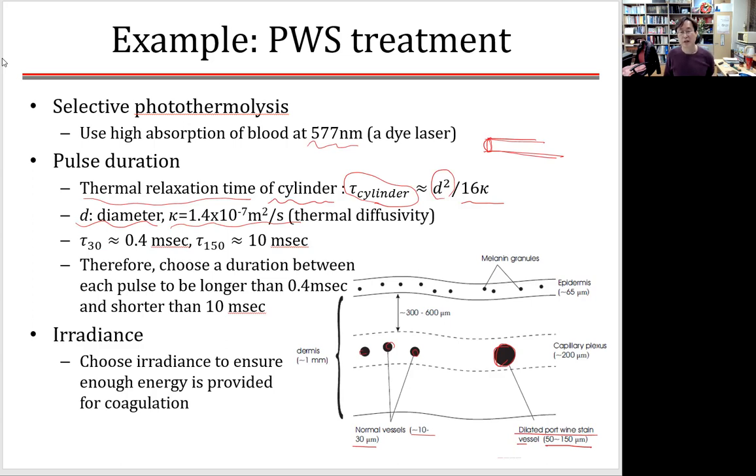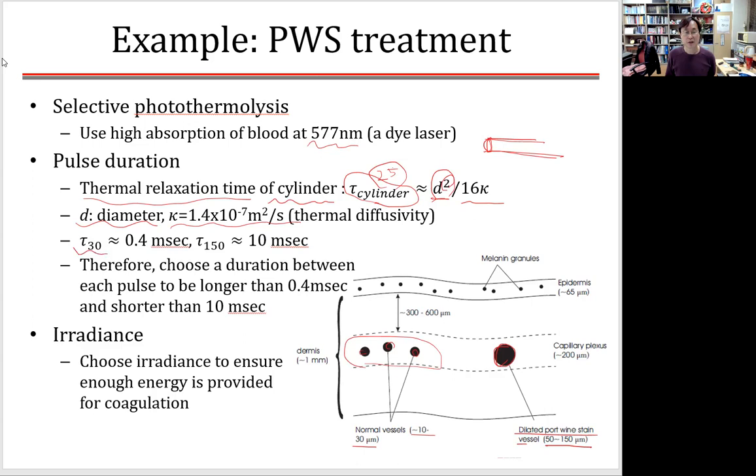So when the diameter is larger, the relaxation time increases by the square of that diameter increase. If there is, let's say, a 5 times increase, then the relaxation time is 5 by 5, so 25 times longer compared with the small blood vessels.